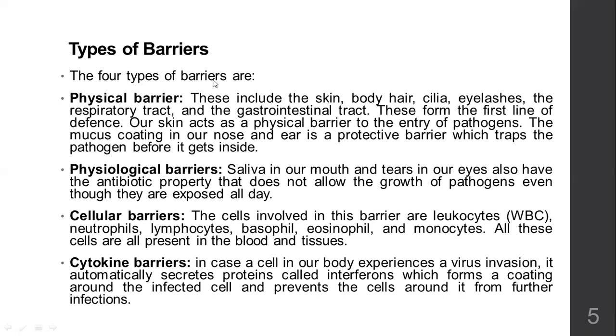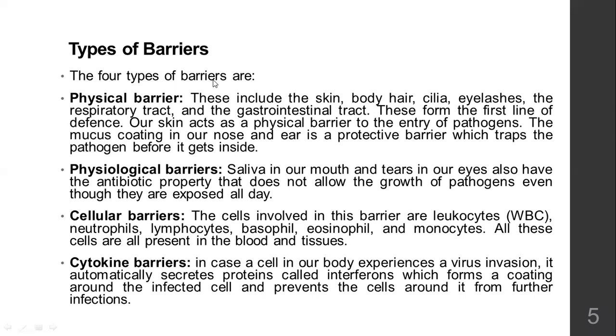Then we have the cytokine barrier, especially in case of viral invasion. When a virus is affecting you, your cells will automatically produce proteins called interferons, and they will form a coating around the infected cell in such a way that this infected cell will undergo apoptosis, but it has to prevent the spread of the virus from one cell to another.